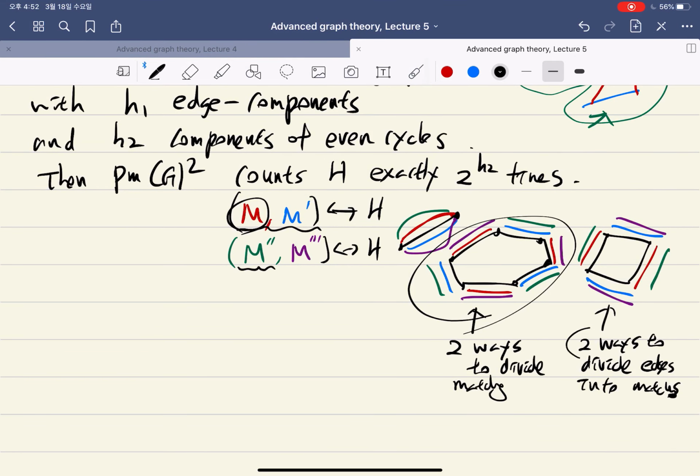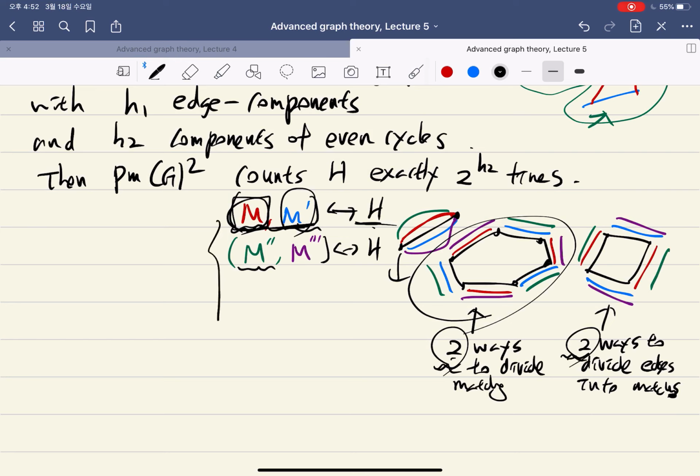You take one of the two ways, and then this has only one way, you just take it. Once this is fixed, you have to choose the other way for the second one, so that their union is H. So the number of ways to do that is 2 times 2.